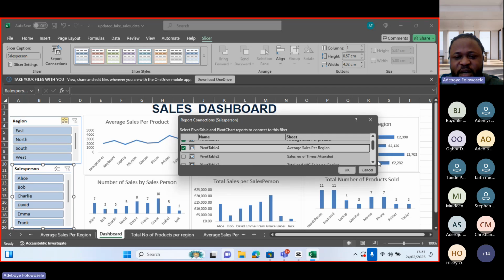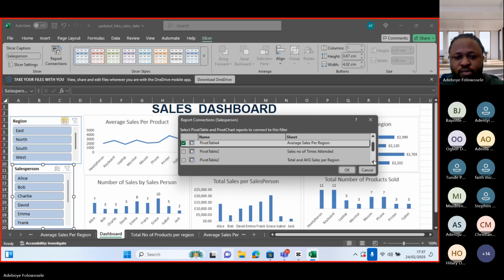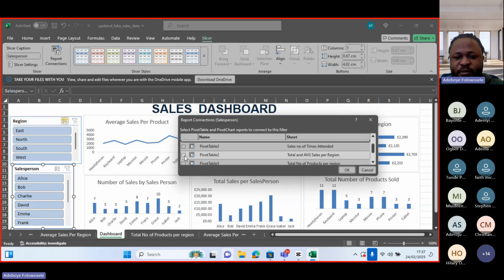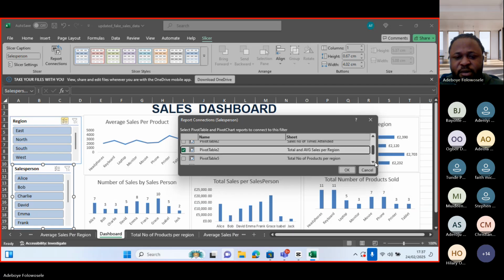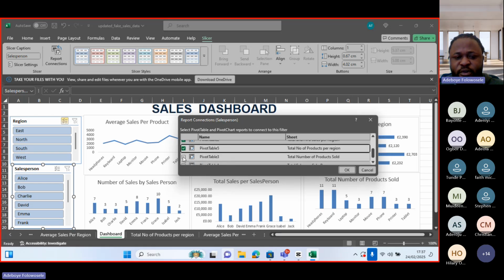Sales number of time, no. Total and average, yes. Total number of products per region, yes. Total number of products sold, yes. Then total sales per salesperson, no.